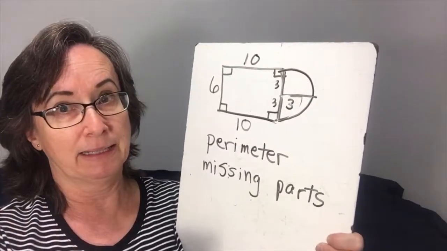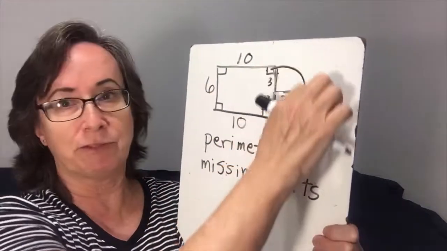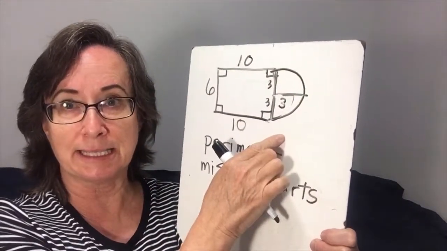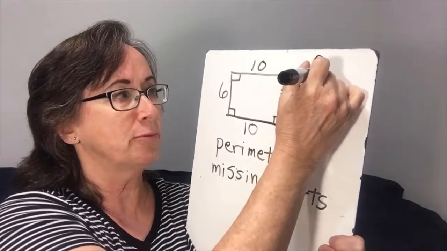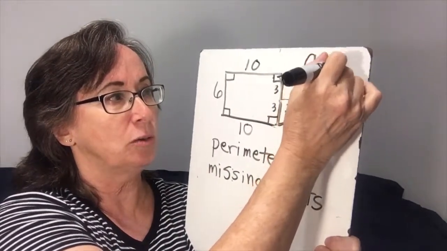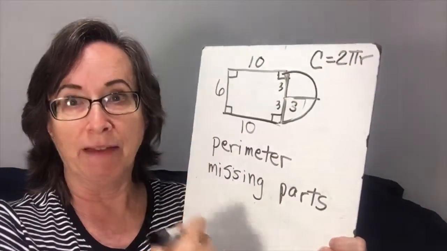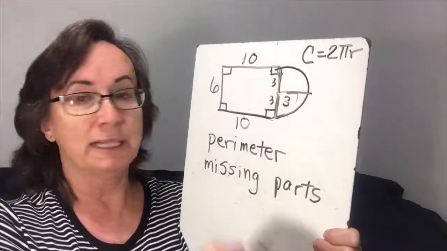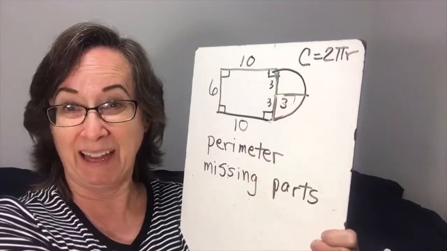And then we have 3 parts of our circumference, but now we have to figure out what is this distance around the half circle. Well, if the circumference is 2 pi r, but we're looking for half of a circumference, wouldn't the half circle have a circumference of just pi r?